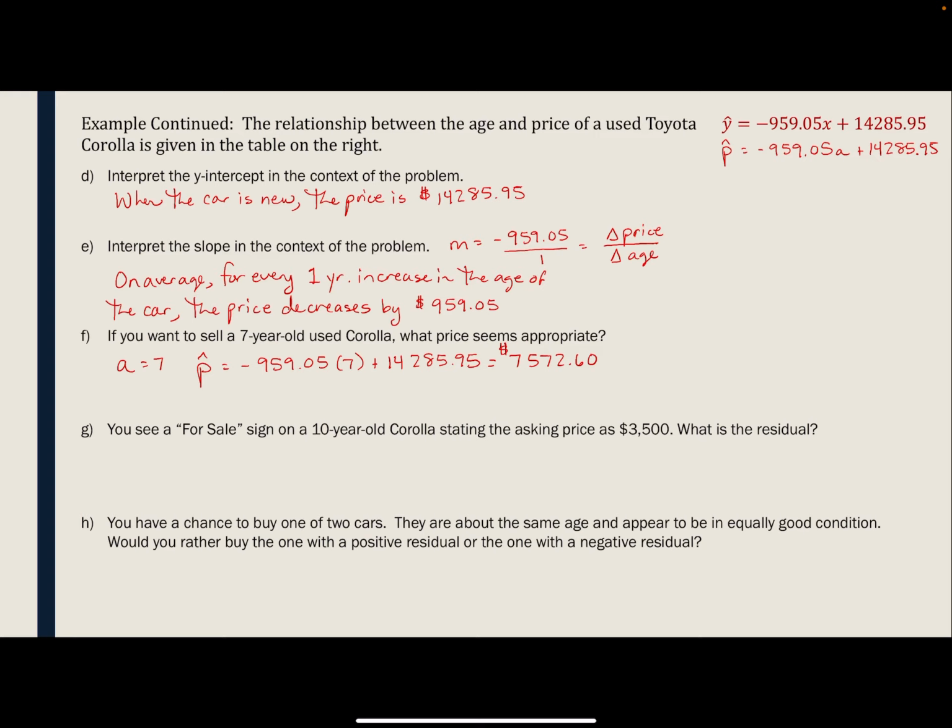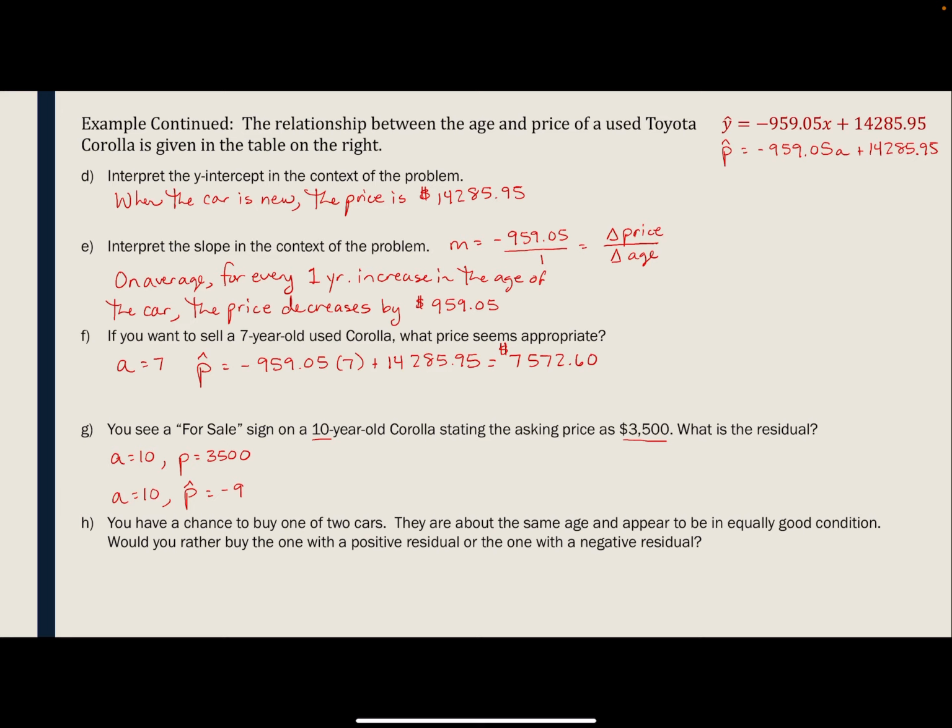Part G. You see a for sale sign on a 10-year-old Corolla stating the asking price is $3,500. What's the residual? Notice that in this case, they're giving us the observed price, what we're seeing in the real world when the age is 10. When the age is 10, we're seeing an observed price of $3,500. What's the predicted price?